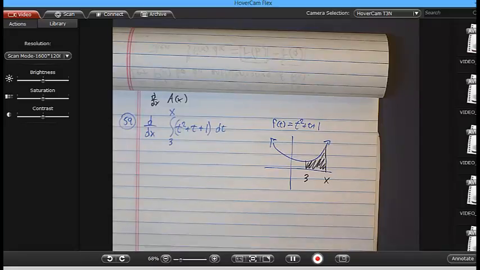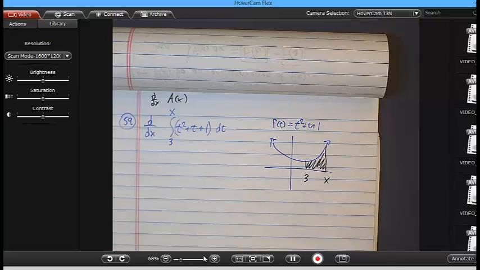Yeah, as I move x to the right, the only way it would ever start decreasing is when your function goes below the x-axis, and we get that negative thing going on. That's not going to happen in this example. You guys with me on this? So it's an increasing function. The derivative better always be positive, right? Now let's see if that's true.